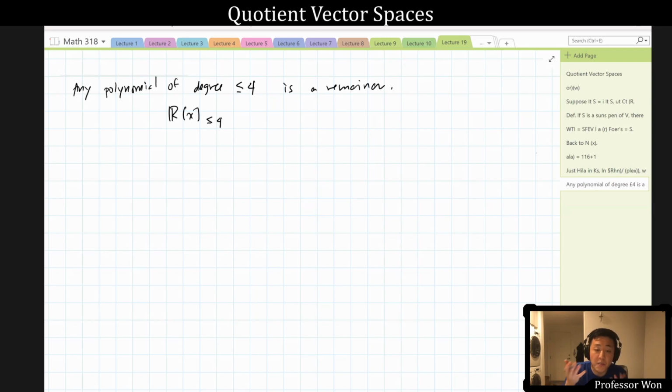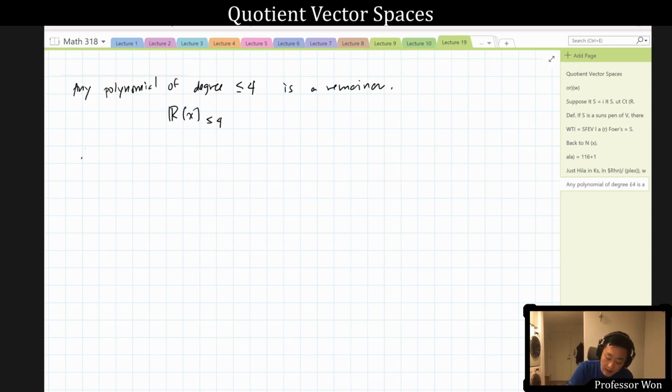Okay, but now if I have a polynomial of degree greater than or equal to 5, then I should be able to divide by p and get a polynomial remainder of degree less than or equal to 4. Just like, again, if you take the number 5, you divide it by any number bigger than or equal to 5, you can get a remainder between 0 and 4.